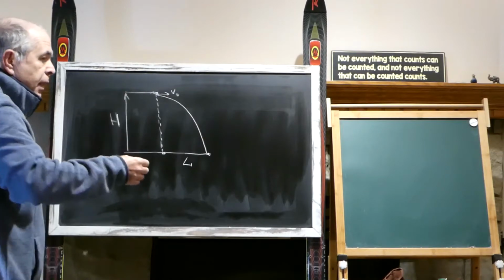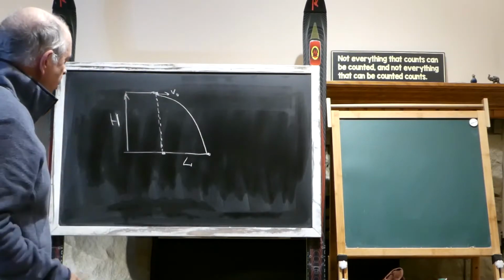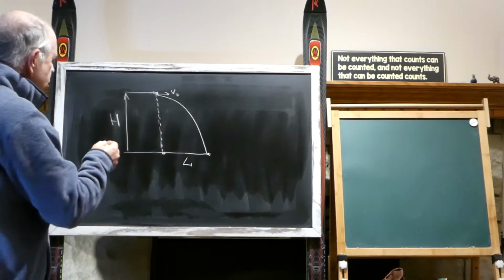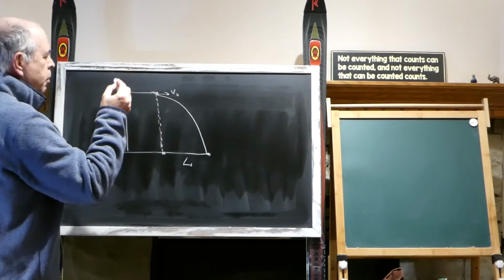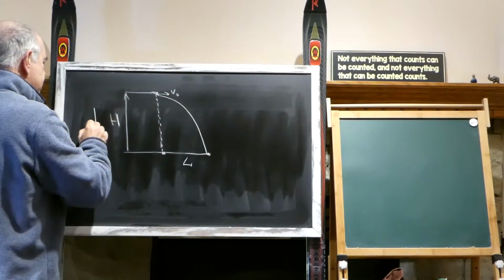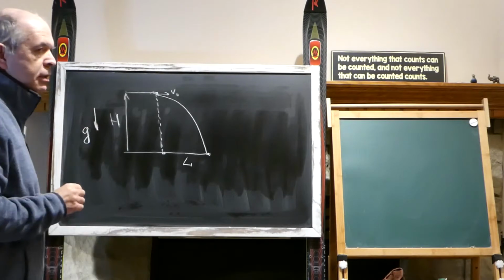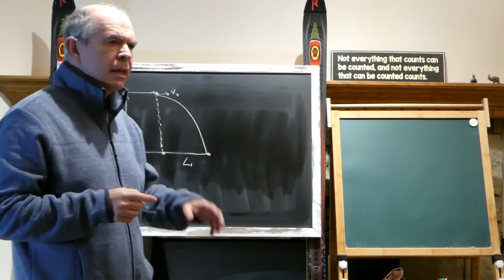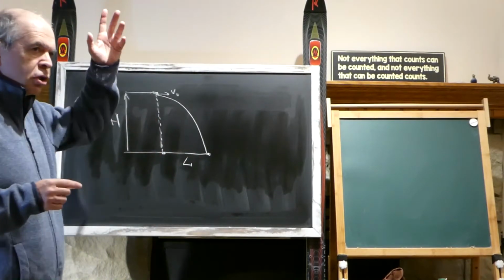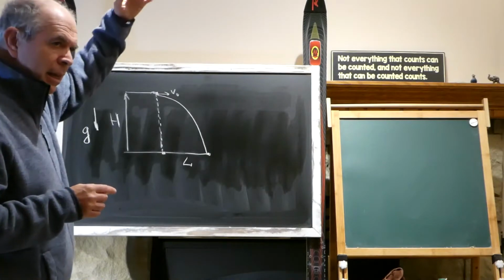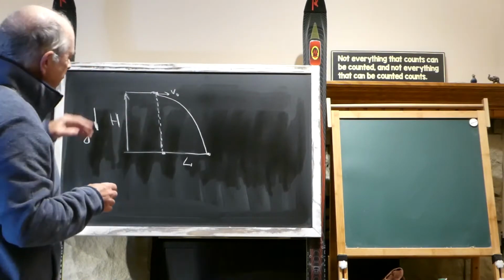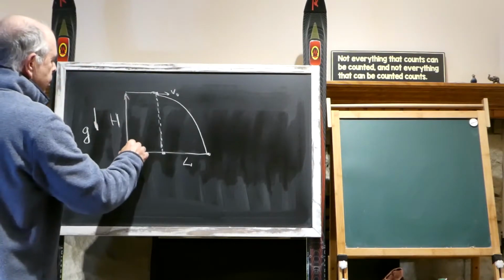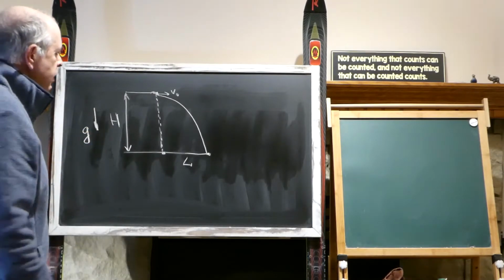They fly 3, 5, 10 kilometers, 20 kilometers, doesn't matter. But we assume that h is not too big, so that we can still consider g constant. If they go 20 kilometers, g is not g, it's just a little bit lower. But we assume something like 3 kilometers, so g is constant.